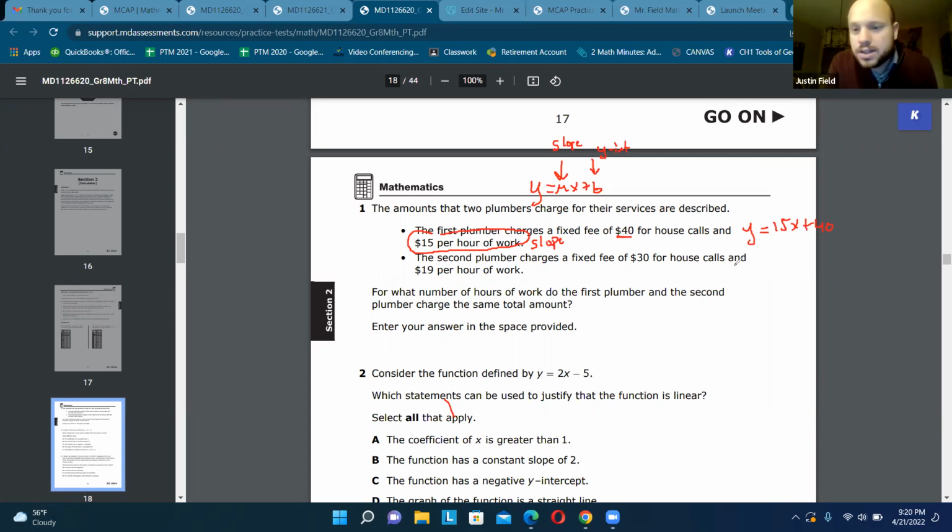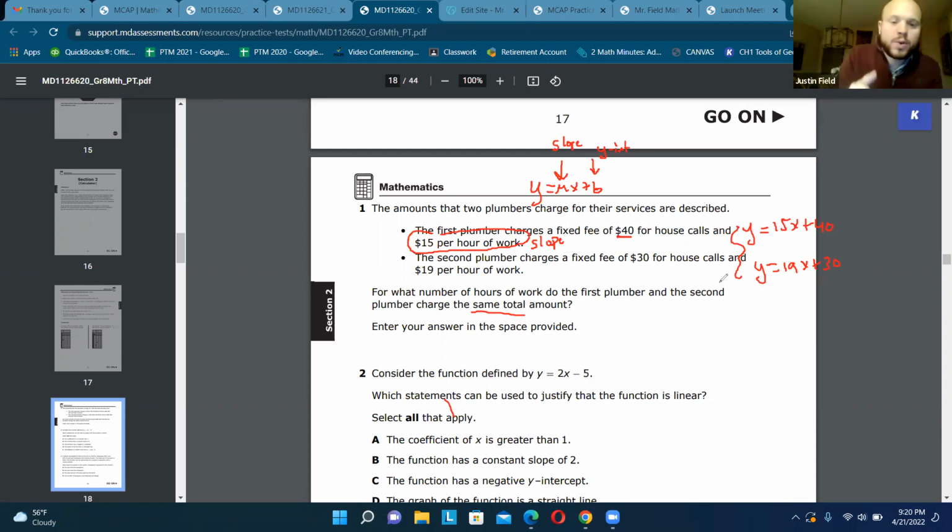Now we can see the second line has the same wording, just different numbers. So it's going to be 19x plus 30. Now, for what number of hours will they do the same amount? Guess what? That's a system of equations.